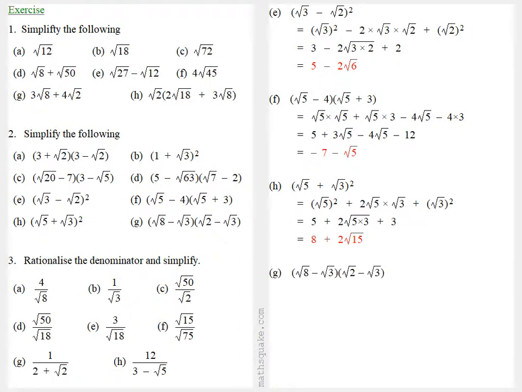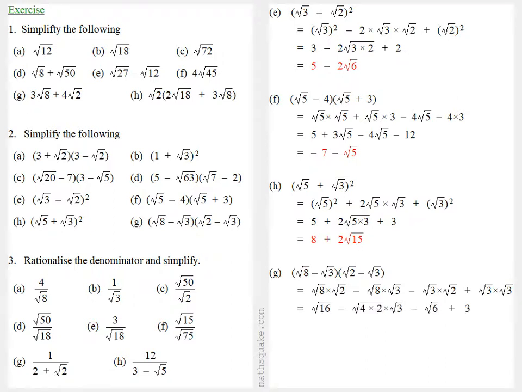In question G, we have root 8 minus root 3 times root 2 minus root 3, which gives root 8 times root 2 minus root 8 times root 3 minus root 3 times root 2 plus root 3 times root 3.